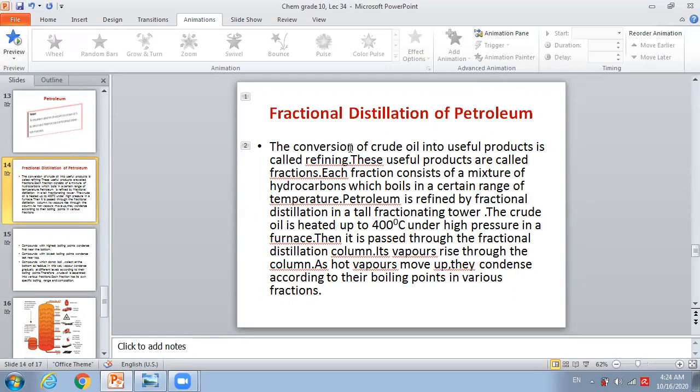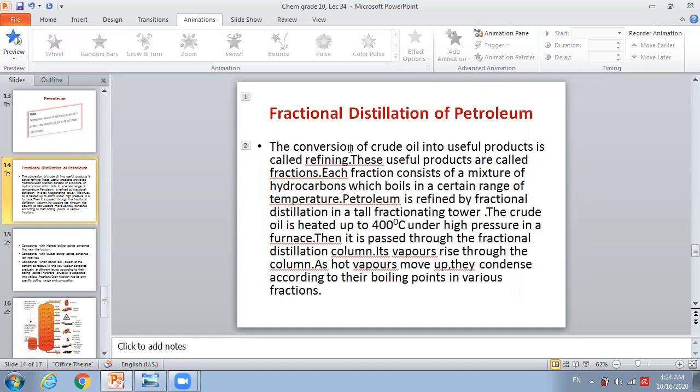The petroleum is heated in a furnace at a temperature of 400 degrees centigrade and high pressure. What will happen? These fractions will go to different levels present in the fractionating tower.